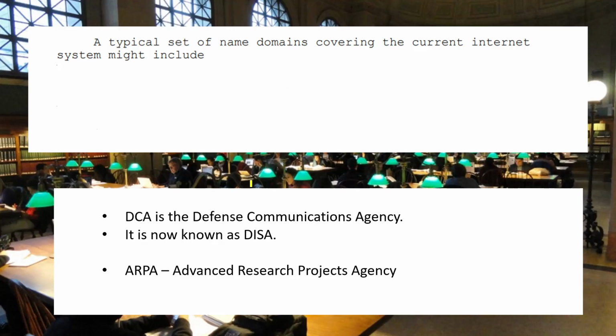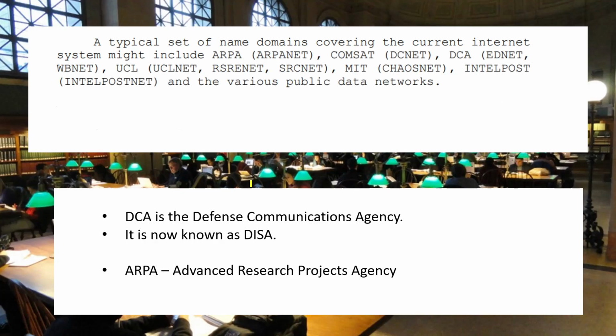DCA, Defense Communications Agency. A typical set of name domains covering the current internet system might include ARPA, Comsat, DCA, UCL, MIT, and Intel Post, and the various public data networks. So these are institutions, some of which are still around.